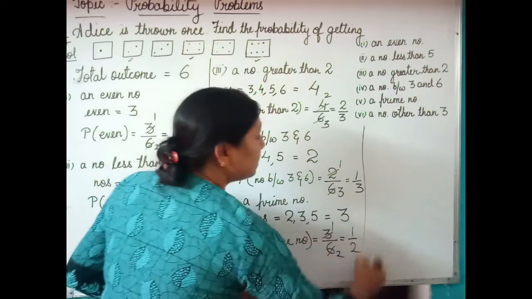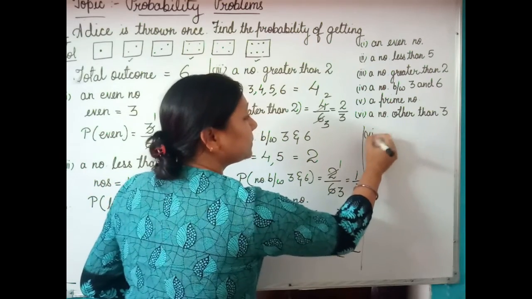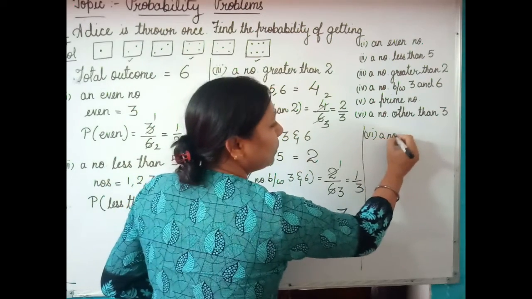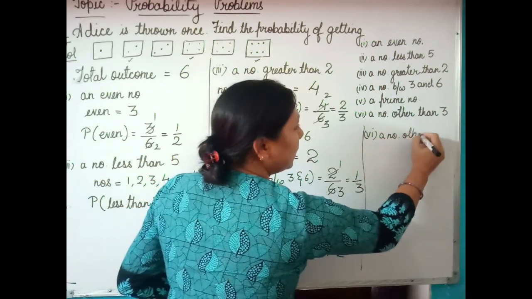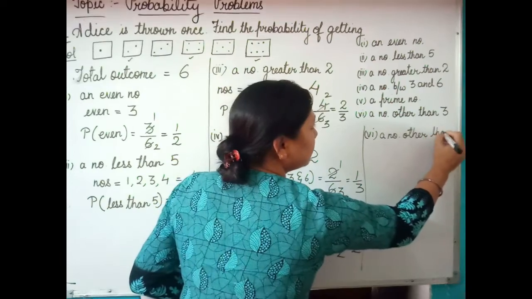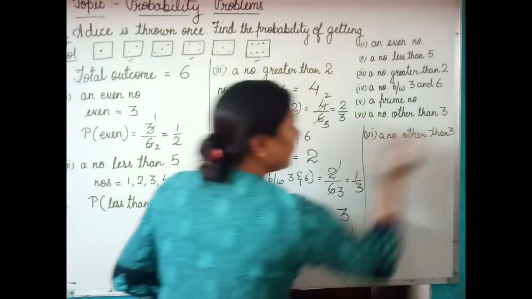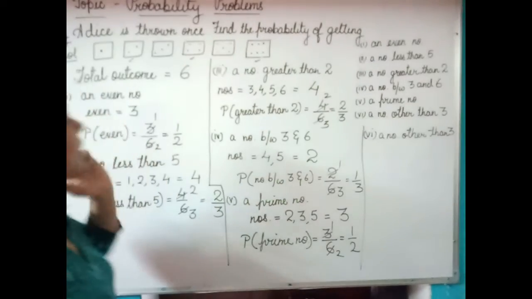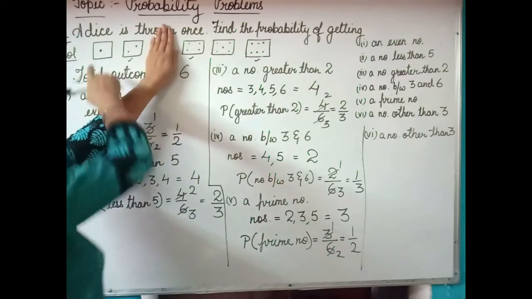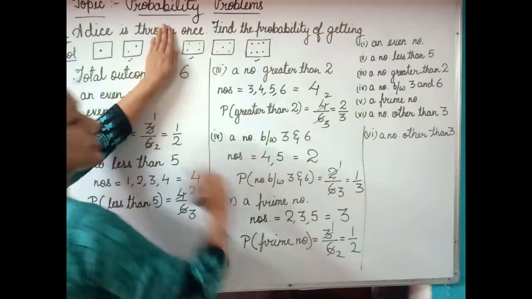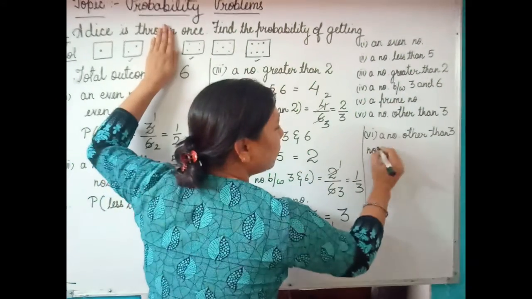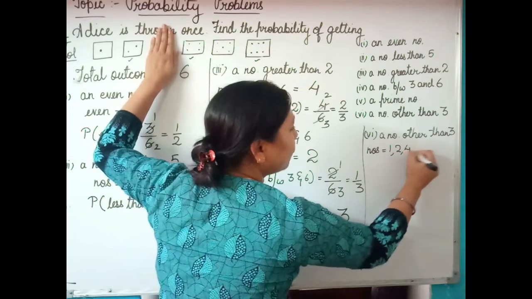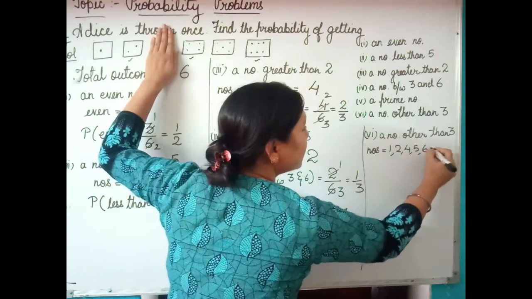Now coming to the last part, which is our sixth part: a number other than 3. We do not want the outcome to be 3, but we want any other number. So except 3, we will accept all other results. What can the numbers be? It can be a 1, a 2, a 4, a 5 and a 6.